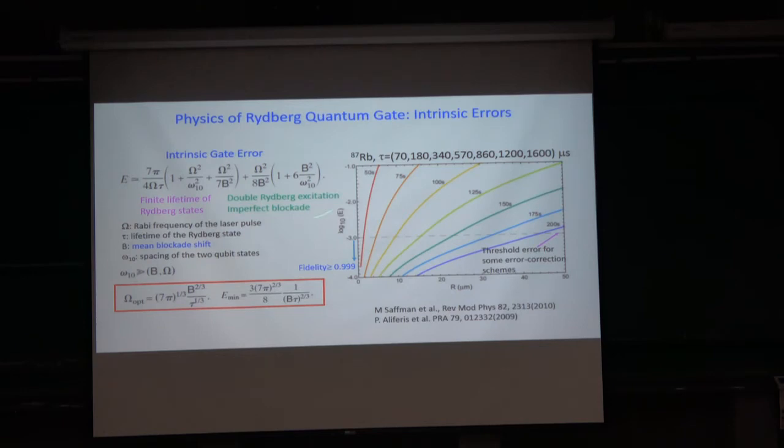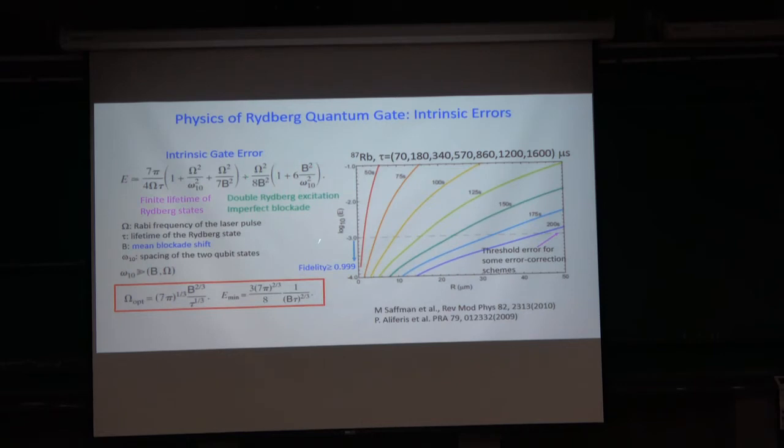The other is the so-called imperfect blockade. Although I say if one atom is excited to the Rydberg state, another should be forbidden, there is always a certain probability that both can be excited.